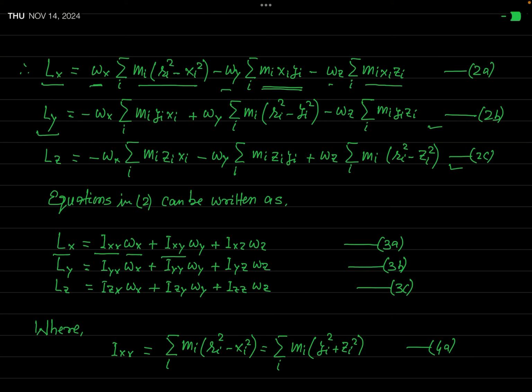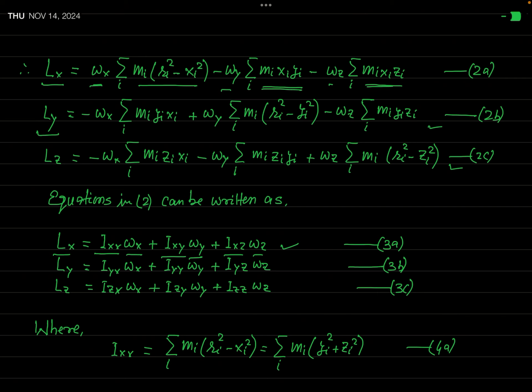So the second term is I_xy times omega y. And in the third term, minus summation over i m_i x_i z_i has been written by the symbol I_xz. And the remaining factor is omega z. So in this way you can write L_x equal to this much.